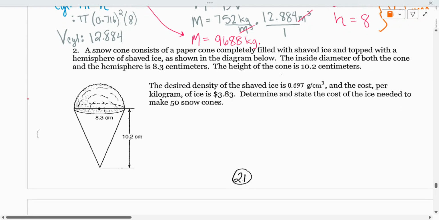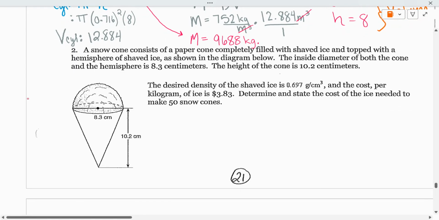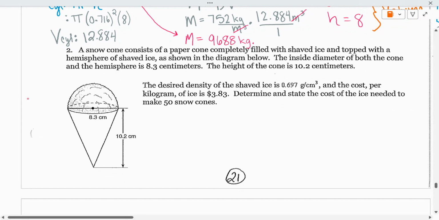A snow cone consists of a paper cone completely filled with shaved ice, topped with a hemisphere of shaved ice. The inside diameter of both the cone and the hemisphere is 8.3. So the diameter equals 8.3 centimeters. That means that the radius equals what?